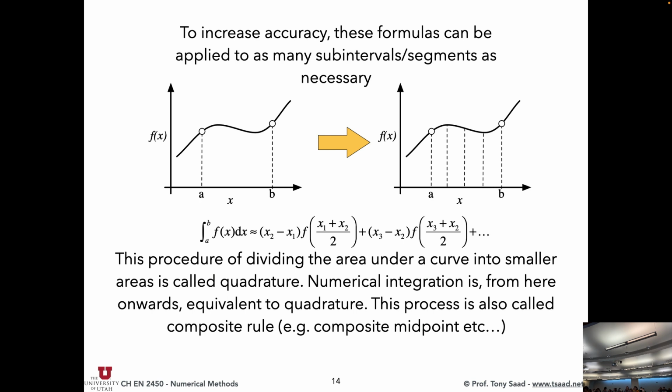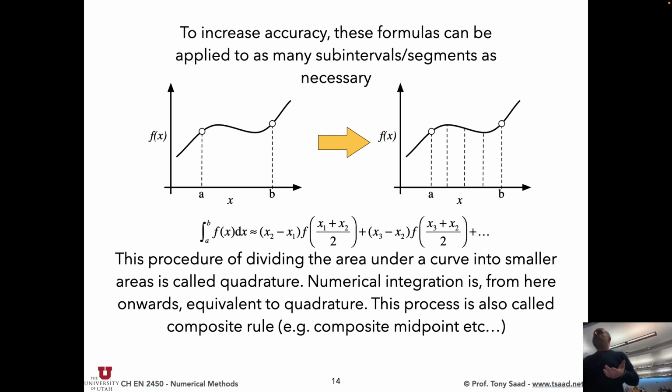Wouldn't that commonsensically give us a better approximation? Yes, absolutely, because now we're applying that approximation where the function is a constant to a smaller interval where the function doesn't vary much. So approximating it as a constant in that very small interval is a good approximation.